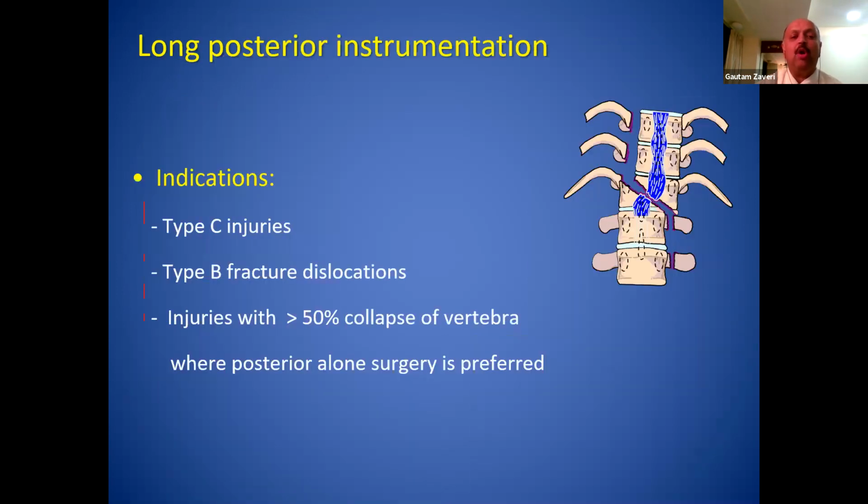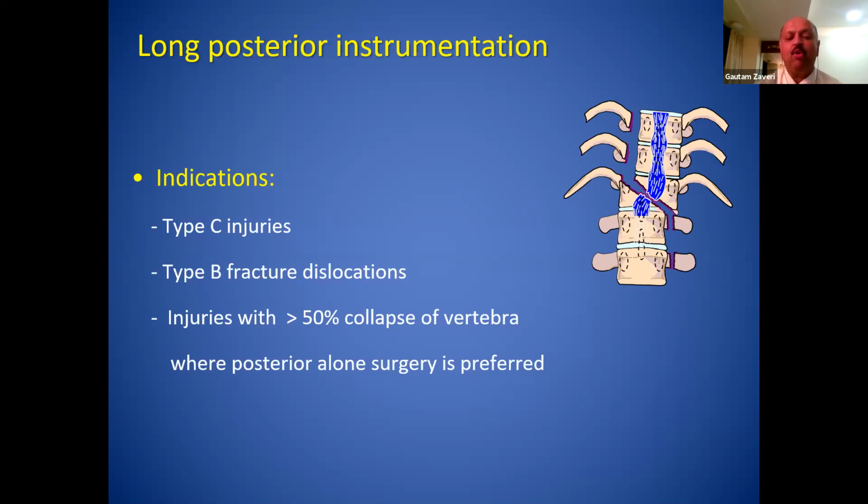So when should you do a long posterior instrumentation? In all type C injuries, which have rotational injuries or translational injuries with fracture dislocations, there is severe loss of the ligamentous complex and muscle injury, and in all these patients, a long posterior instrumentation is preferred.